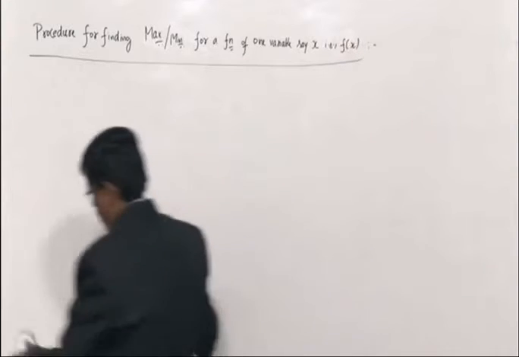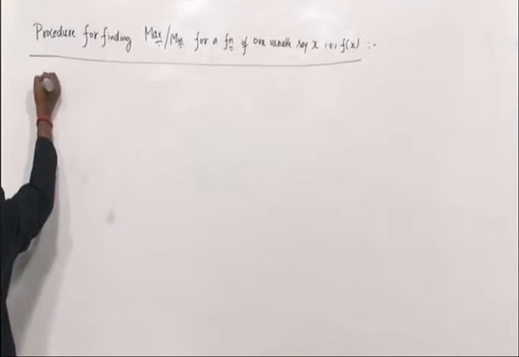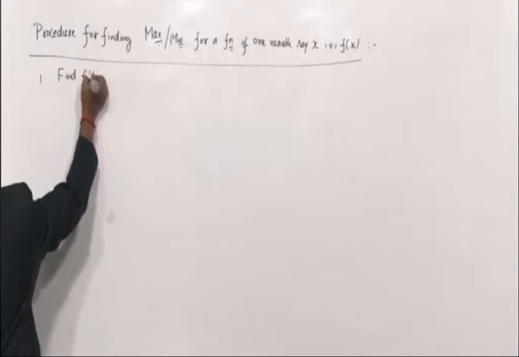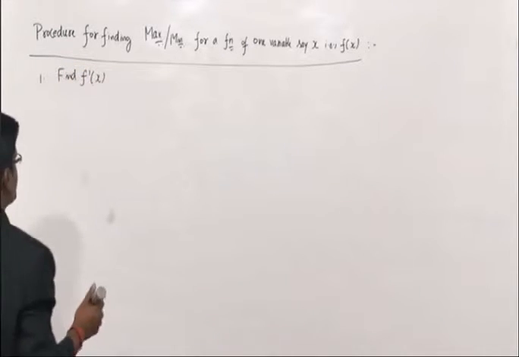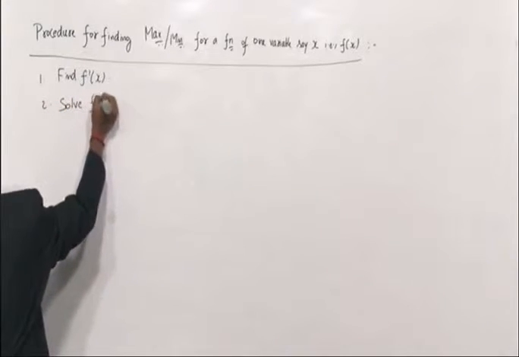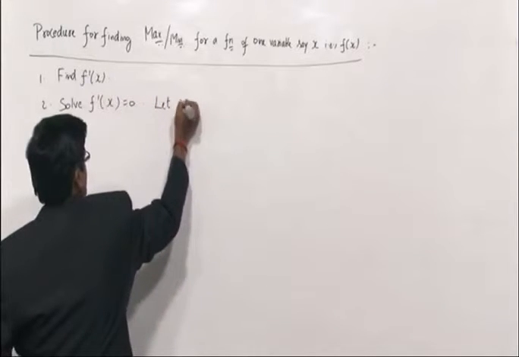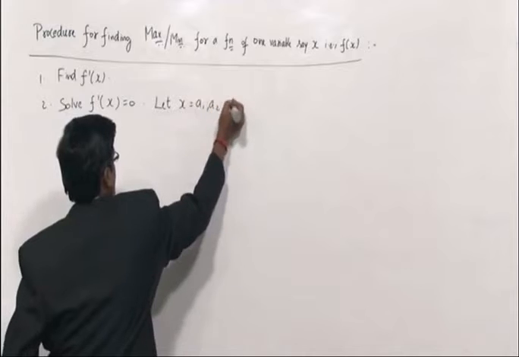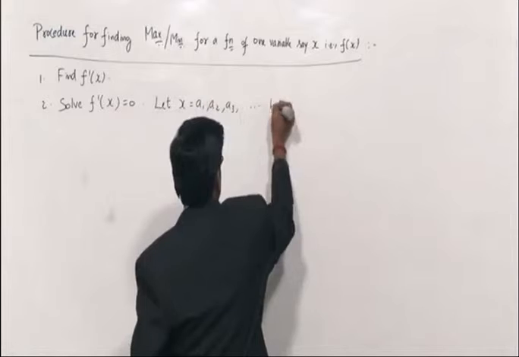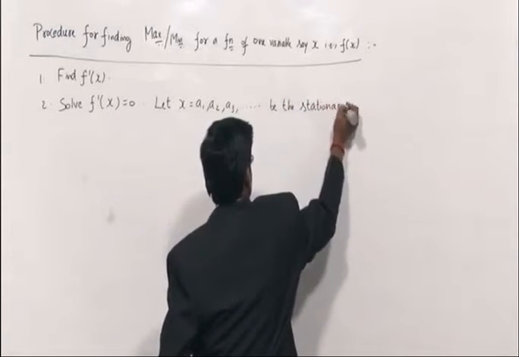Procedure for finding maxima, minima for one variable function f of x. Step 1. Find f dash x. Step 2. Solve f dash x equal to 0. Let x is equal to a1, a2, a3, and so on, be the stationary points.